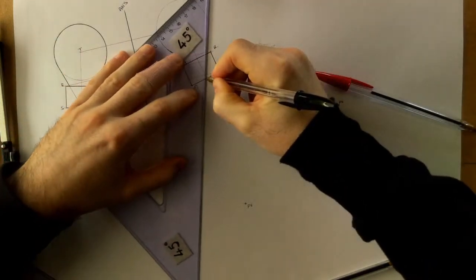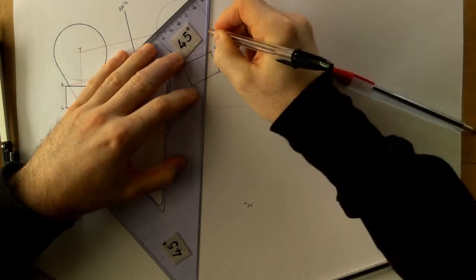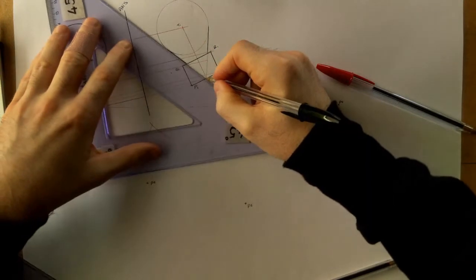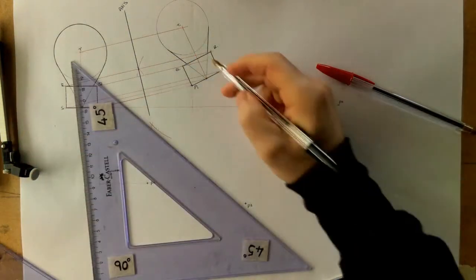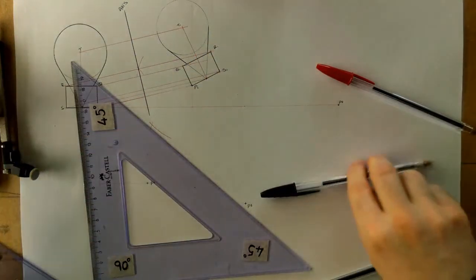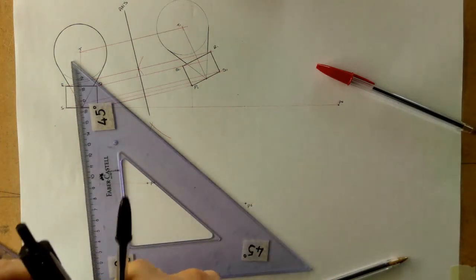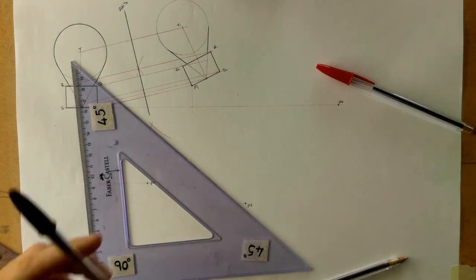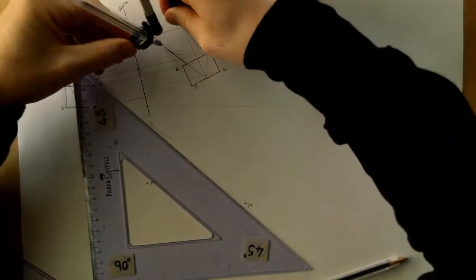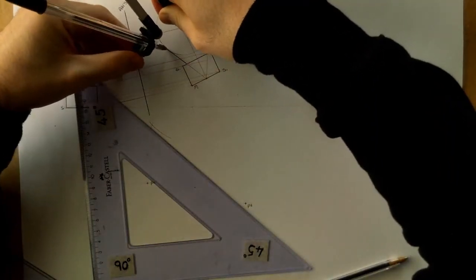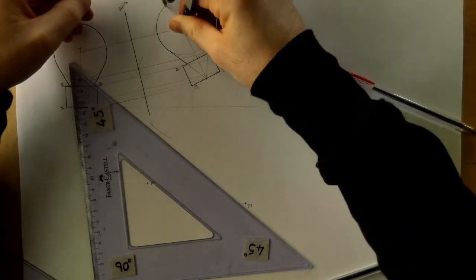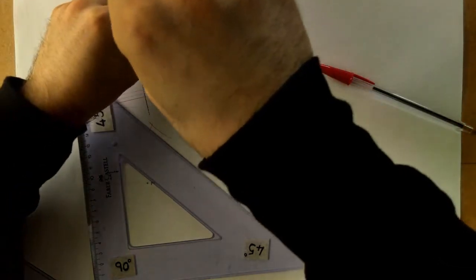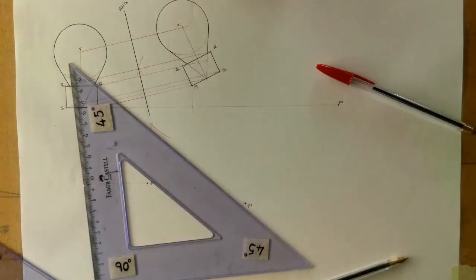That's why I had to find that point. Okay, and I can put it in lightly there if you want. But obviously I only need to heavy in as far as there. And once again then I will heavy in my circle. It has a radius of 25 millimeters. Okay, so there we go.